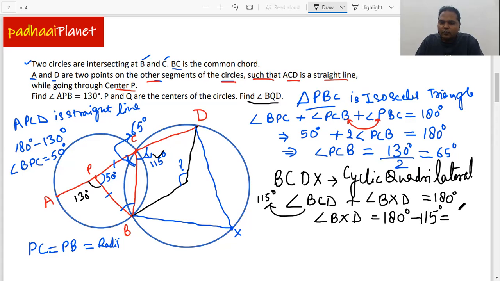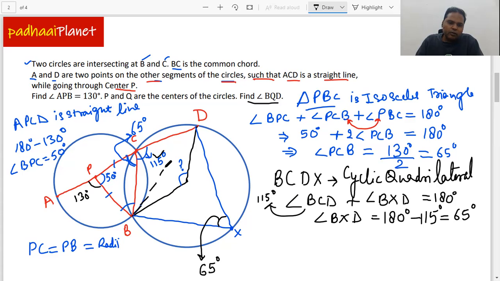So that's equal to 65 degree. So that means this angle is 65 degree.